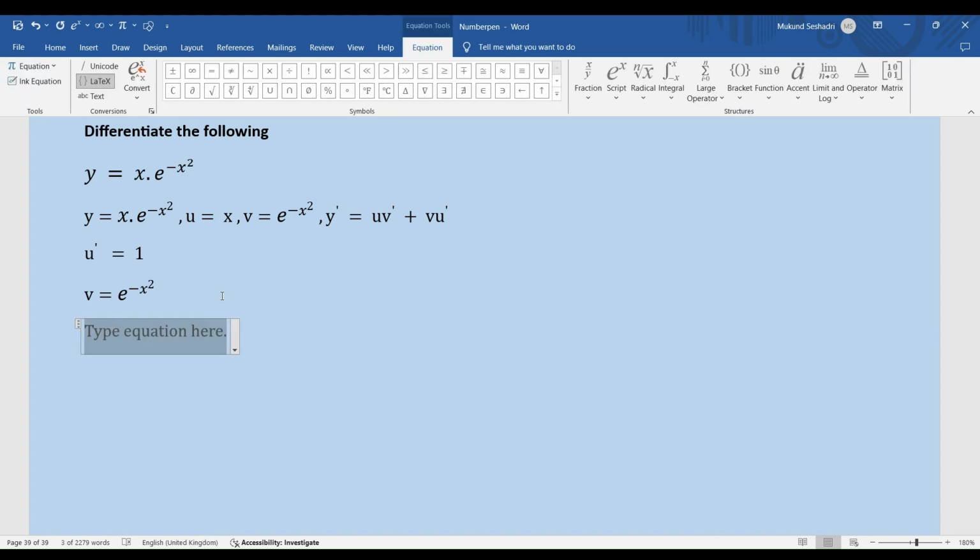My chain rule states if my y equals f of u and u equals g of x, right? Then my dy by dx equals du by dx, which is differentiation of u with respect to x, into dy by du, which is differentiation of y with respect to u, right?